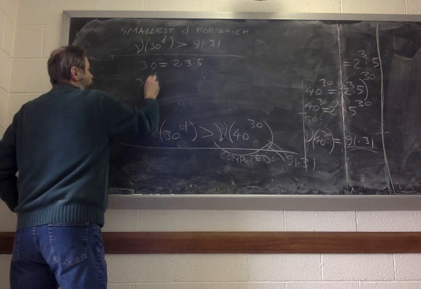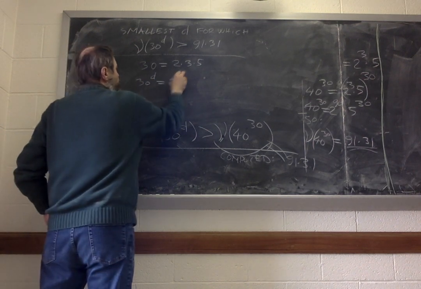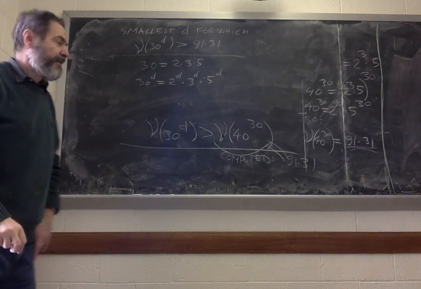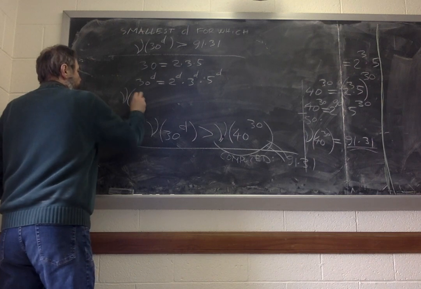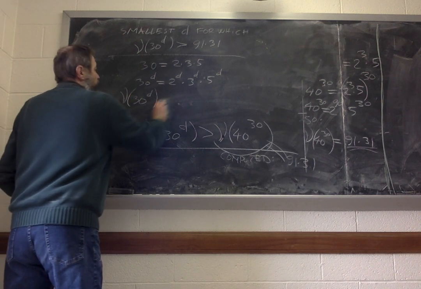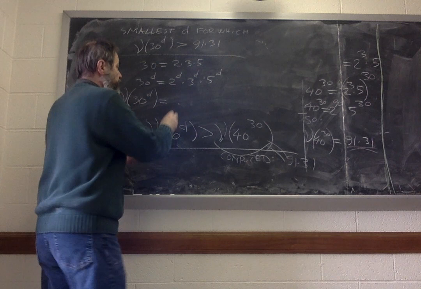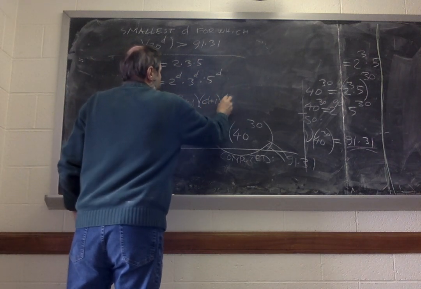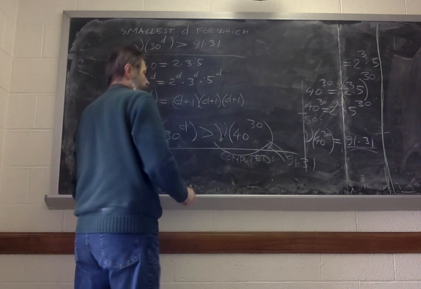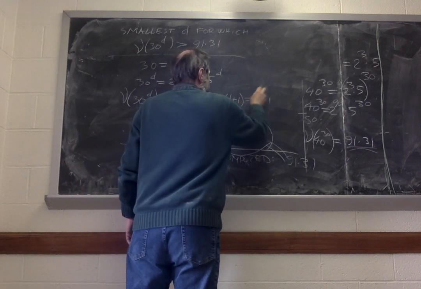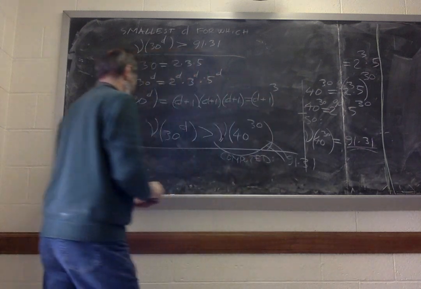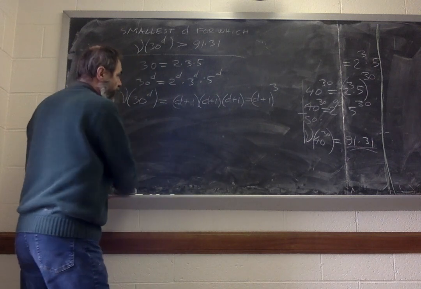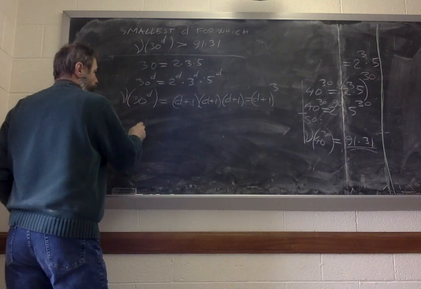So 30 to the d is equal to 2 to the d times 3 to the d times 5 to the d. And the number of divisors of 30 to the d, we know we add 1 to each exponent, is d plus 1 times d plus 1 times d plus 1. So it's d plus 1 cubed.